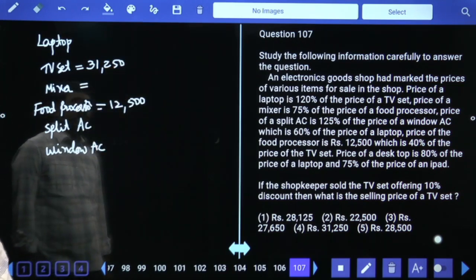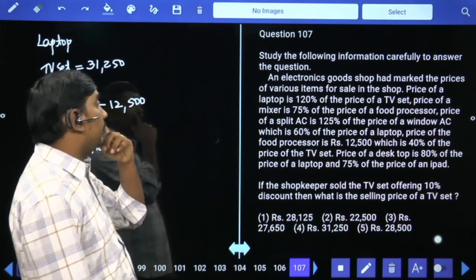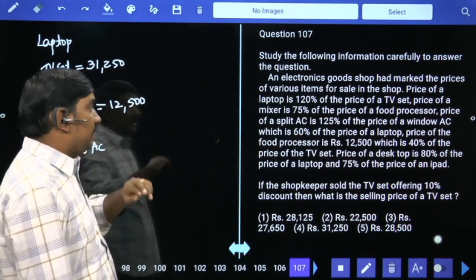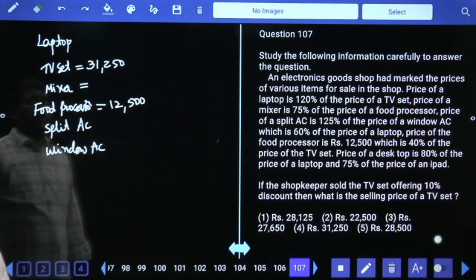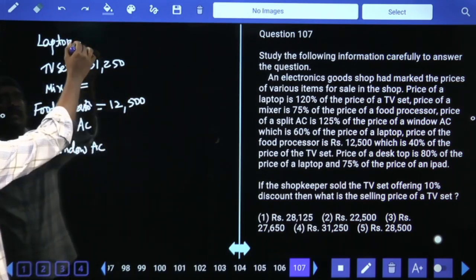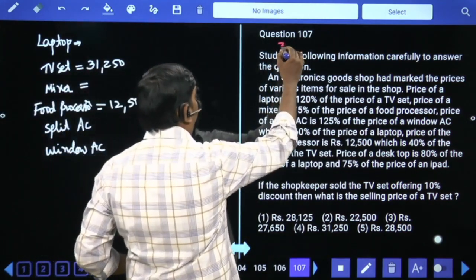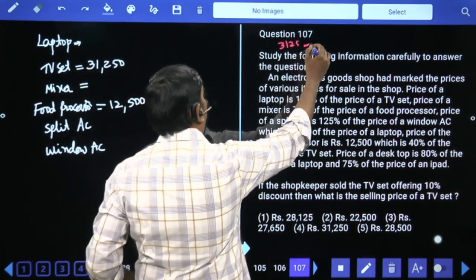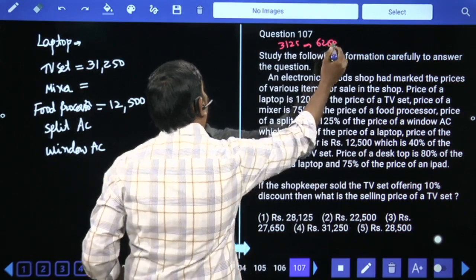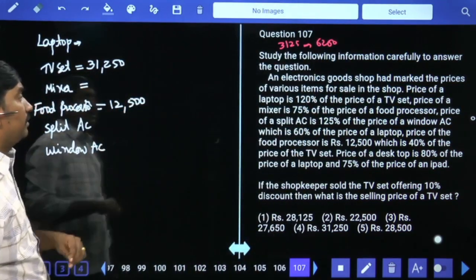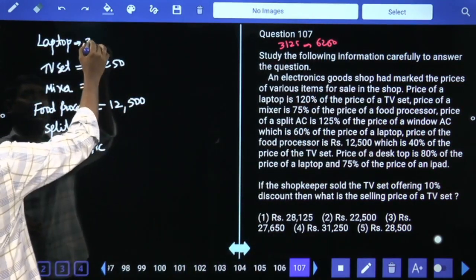First coming backward, starting from the data. Price of a laptop is 120% of the price of a TV set. 20% extra. 10% is 3,125, 20% means 6,250 extra. 31,250 plus 6,250, 37,500.